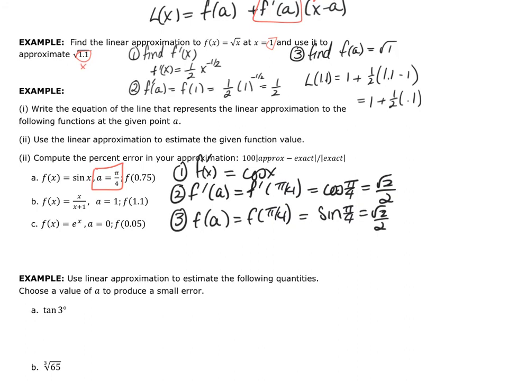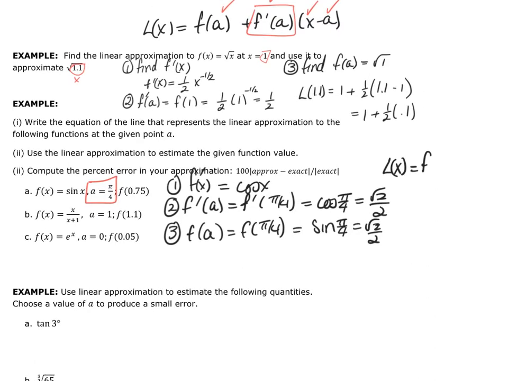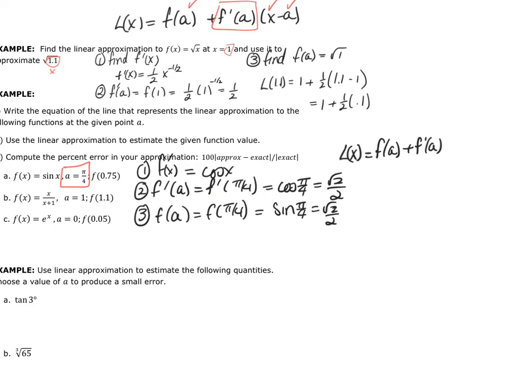The linear approximation formula, again, is L of x is equal to f of a plus f prime of a, excuse me, times x minus a. So I'll need each one of those individual pieces. X is, of course, the one that we are using to approximate. So when we're talking about f of x, that's that number. It's not the a value. It's the one that we are hoping to find a value that's approximately equal to.